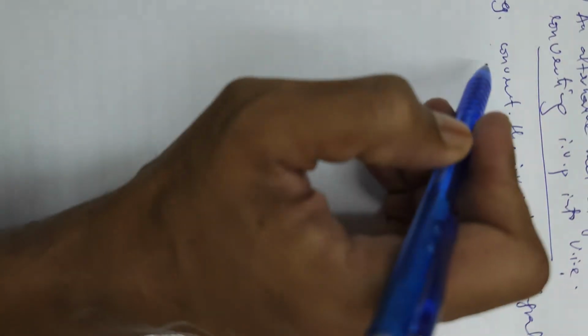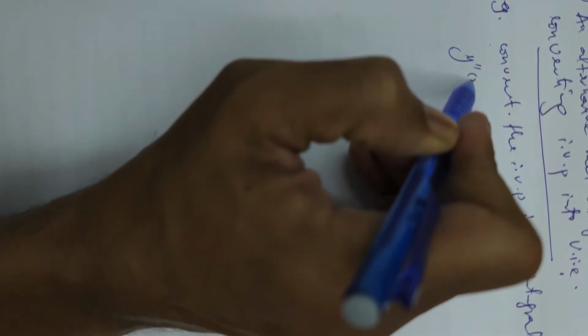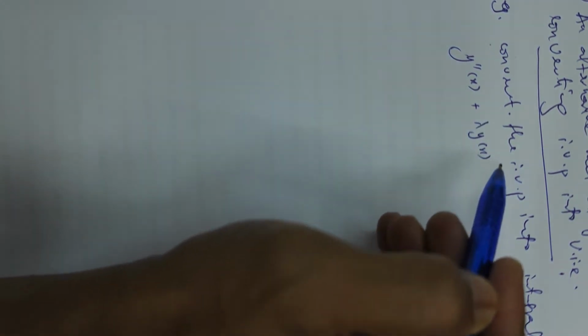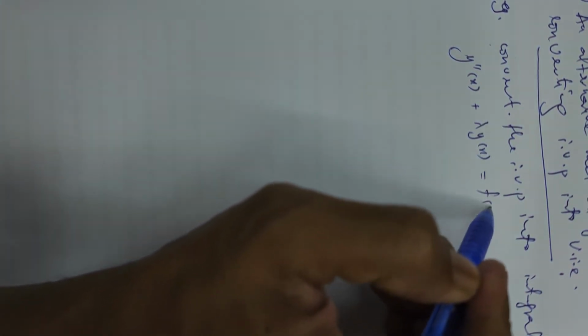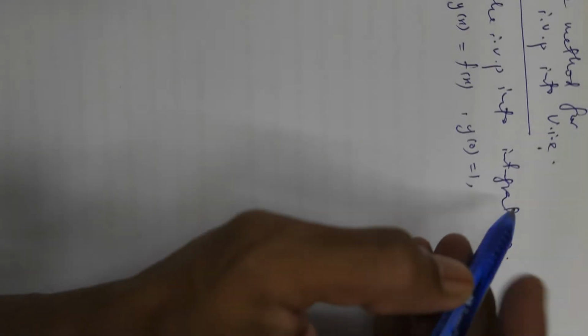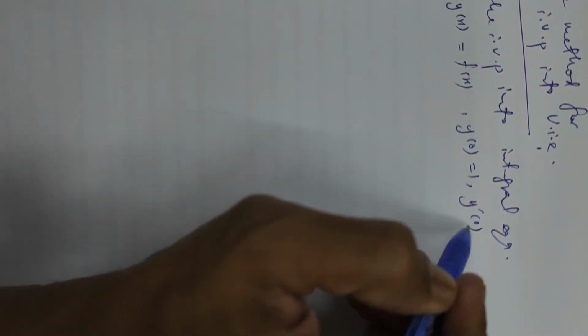The given initial value problem is y double prime x plus lambda y x is equal to f x, y of 0 equal to 1, and y prime of 0 is equal to 0.